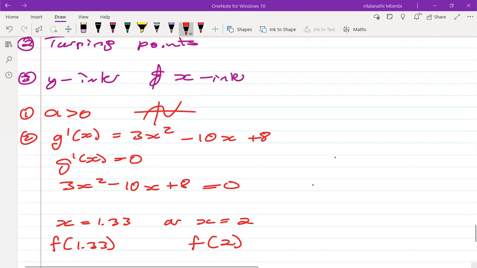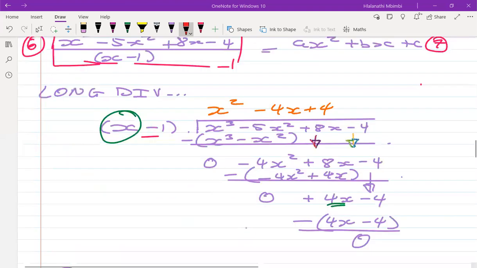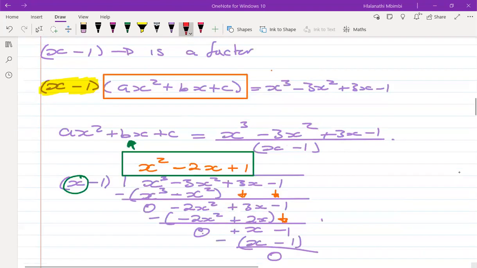Okay, guys, can I actually get the f of 1.33? Just looked at the time. The f of 2 is 0. Okay, that makes sense. I've seen the roots of the function, so I kind of know why it looks like that.